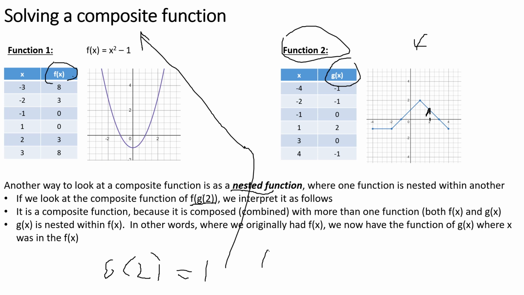So if f of x equals x squared minus 1, I would put in 1 squared, because I'm replacing the x with that answer from the nested function, minus 1. And then 1 minus 1 would equal 0.